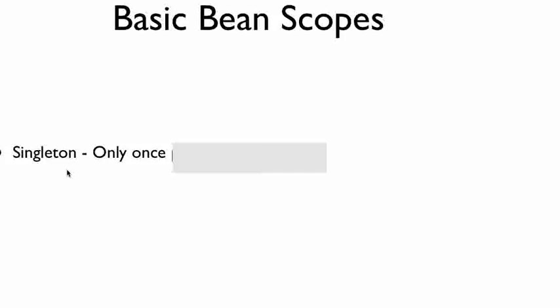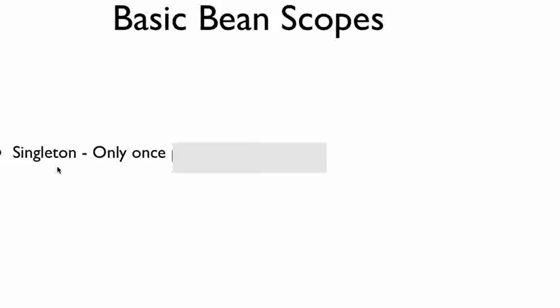Okay, so this is the default and this is called the singleton. By default, all beans in Spring are singleton. We can override the scope and provide other scopes, but if you do not specify any scopes, it behaves as a singleton and then there's only one instance per Spring container.